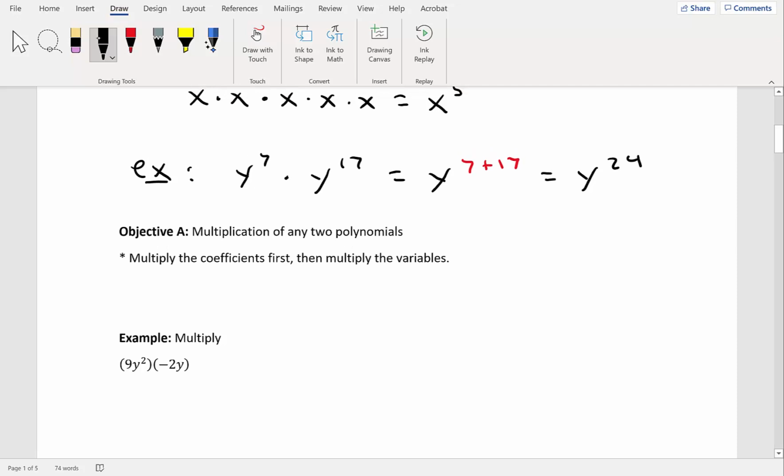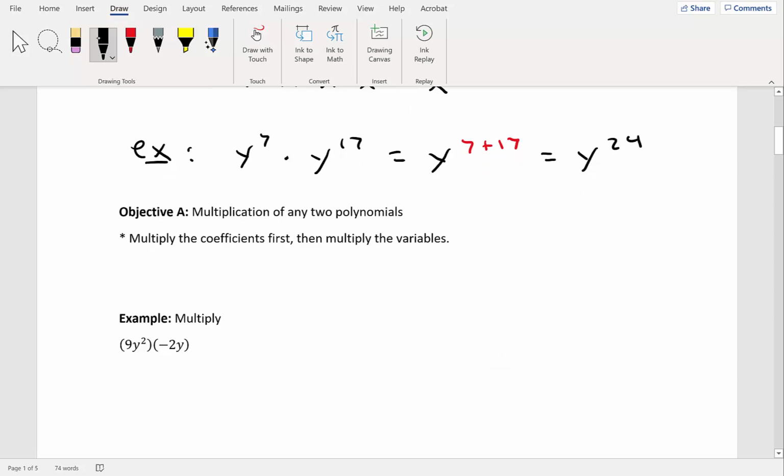So our first example, we have 9y squared times negative 2y. When you're working this out, you could rearrange these terms, so we could put the numerical values next to each other. So this would be 9 times negative 2 times y squared times y.